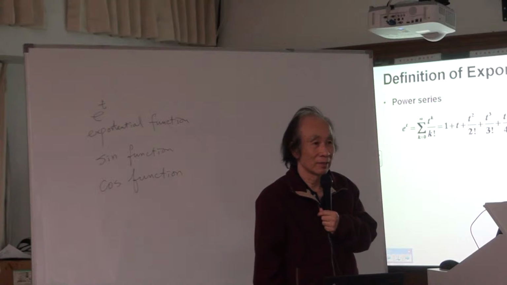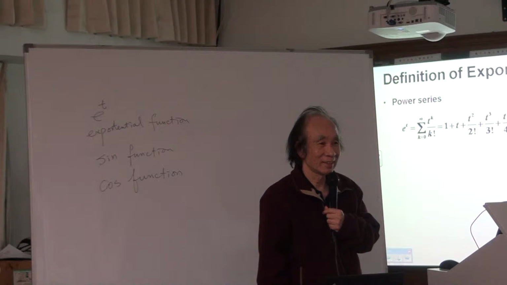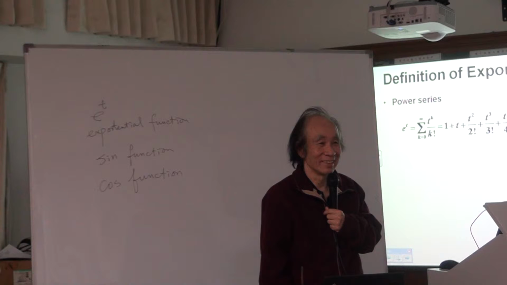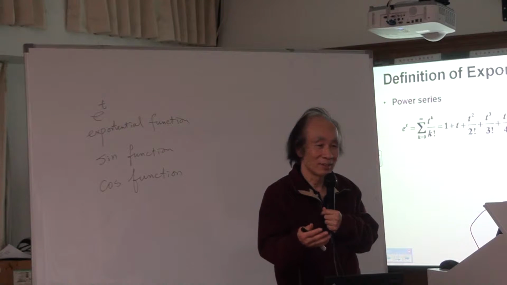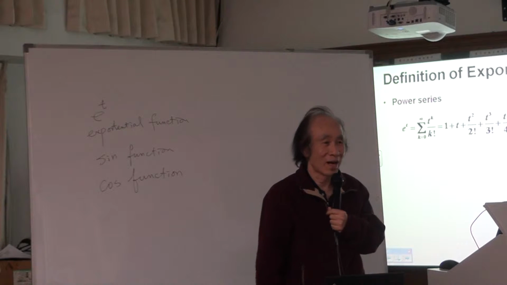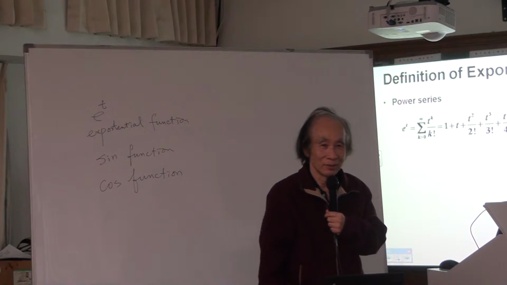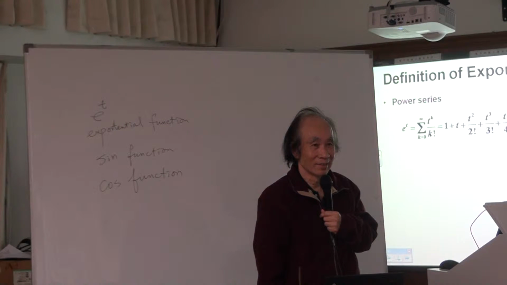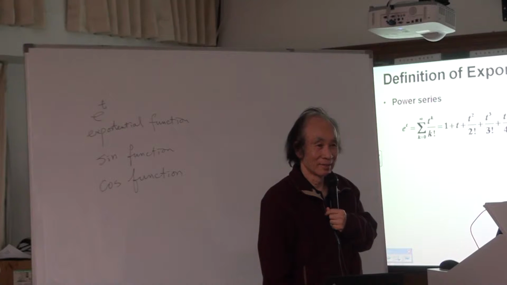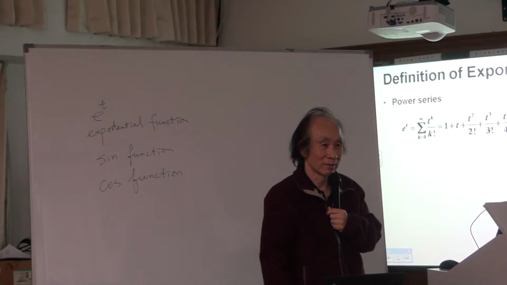Do you know? Anybody knows? 30, 40, 60, 100? Nobody knows, right? So how many terms are necessary? Or how many terms are sufficient to do this? At your computer, how many?